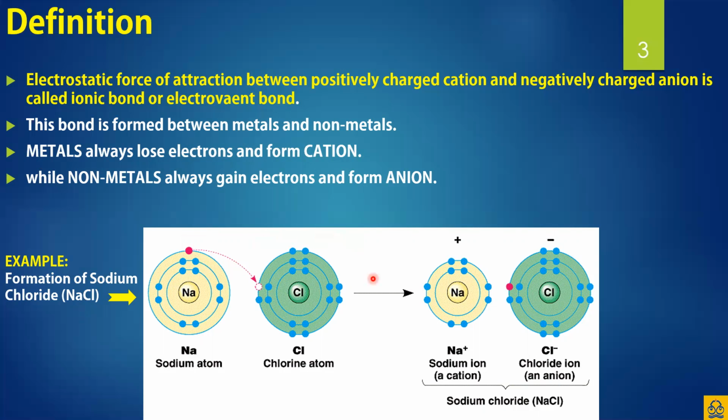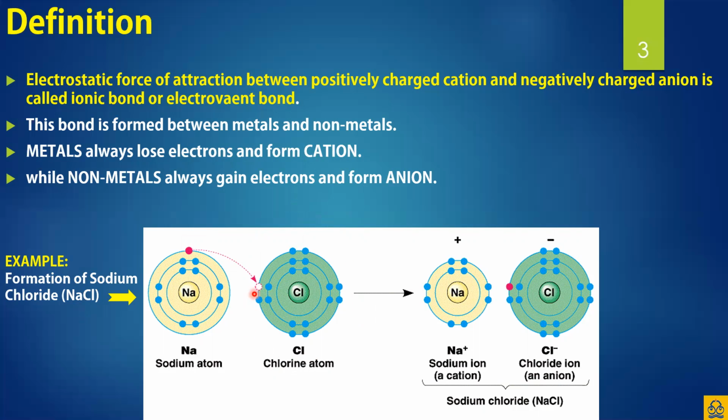Now we go to our chlorine atom, and we know chlorine has the atomic number of 17. It means chlorine has 17 electrons, and we know the method of electronic configuration, filling of electrons in the shells.